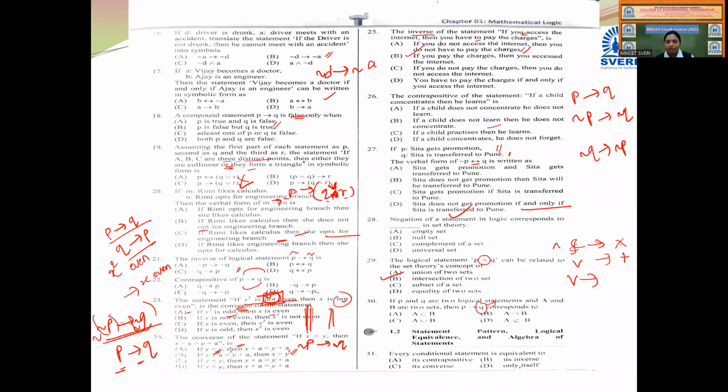Every conditional statement is equivalent to its converse, contrapositive, inverse, or only itself? Tell me. Its converse, option C?